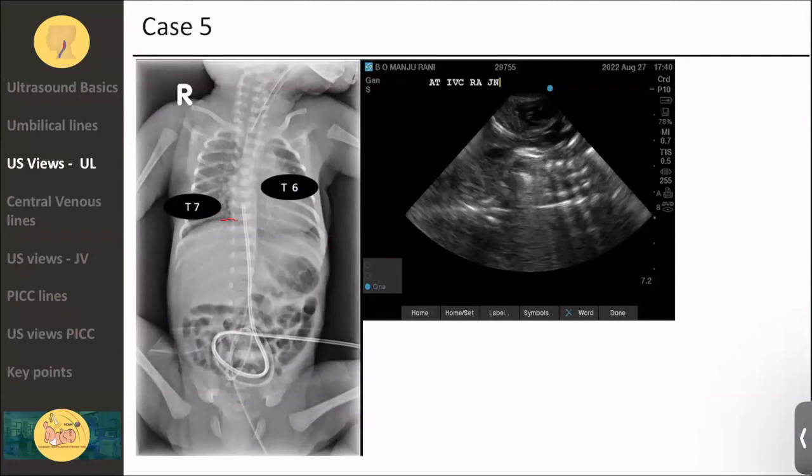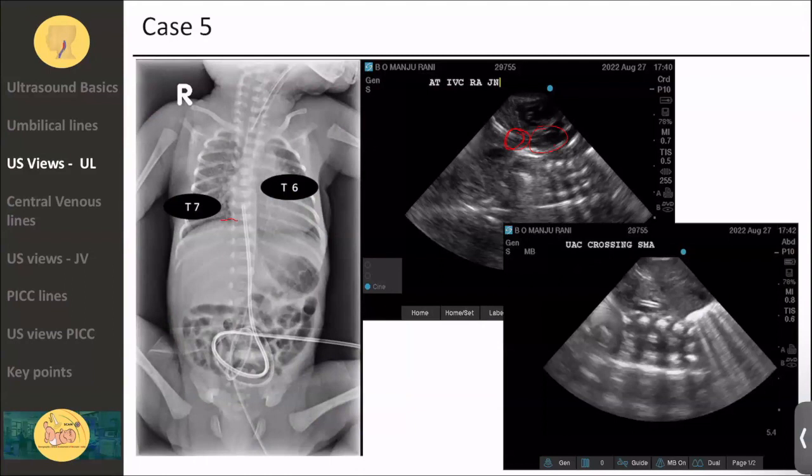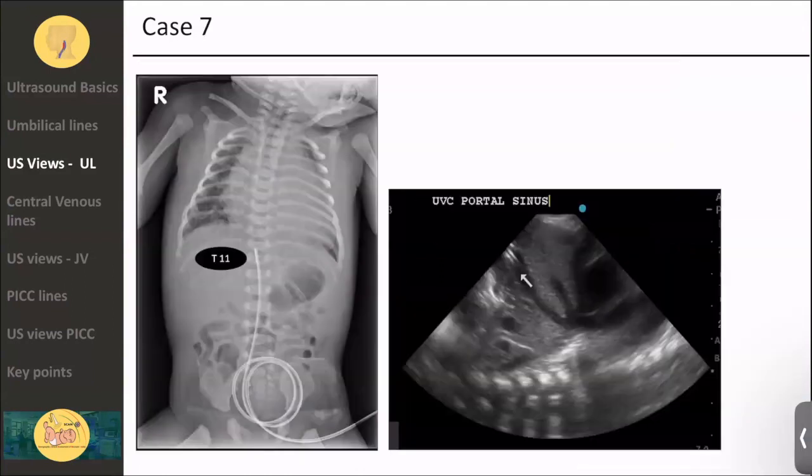Let's see what we look at. This is not playing, but the tip is almost at the right place. It's before entering into the heart, at the IVC-RA junction. And the UAC is okay. In this one, again, it is lower down at T11, and there you can see that it's in the portal sinus.